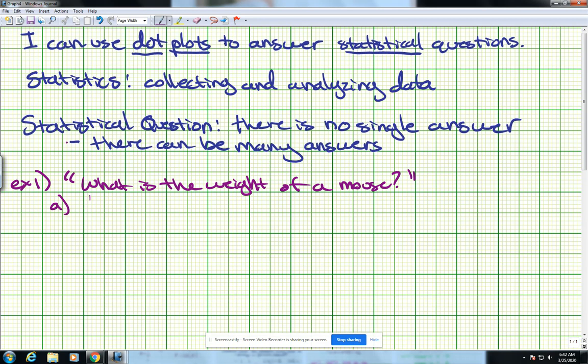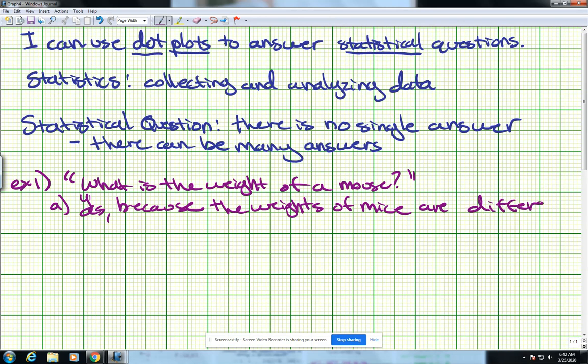So we would say this is a statistical question. Yes, because the weights of mice could all be different. Lots of different answers could be given here.